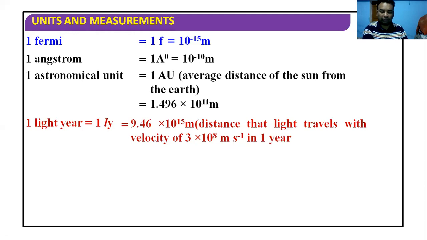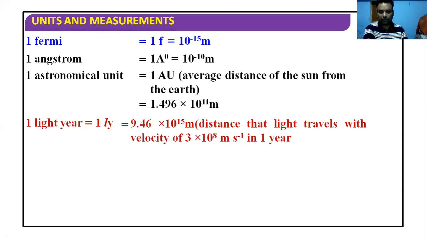Light is made up of photons. Photons travel with a velocity of 3 into 10 raised to the power 8 meter per second. There is no other particle in our physical world which can move with such an enormous speed. It is the highest speed observed in our universe.